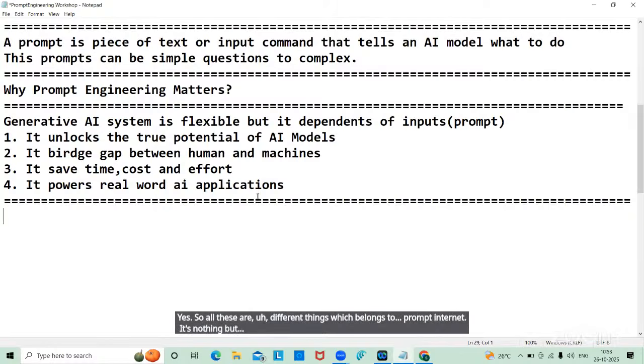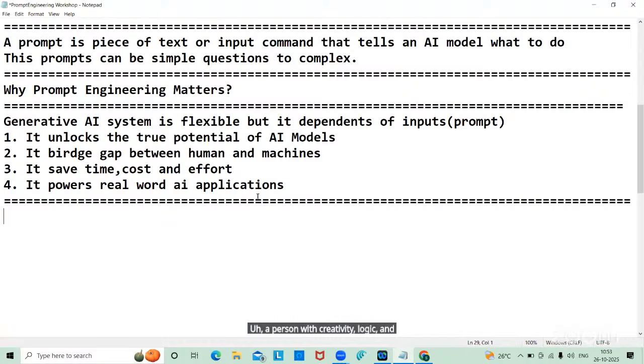What exactly is a prompt engineer? A person with creativity, logic, and domain knowledge.